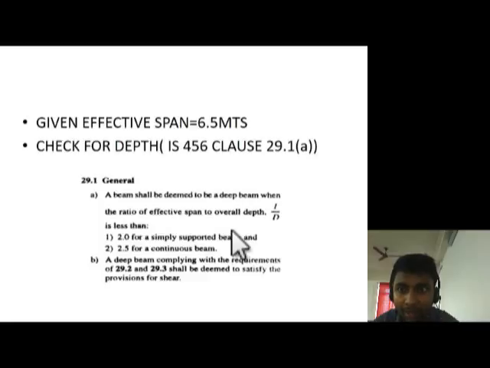If it is less than 2.0 for simply supported, or less than 2.5 for continuous beams, it is a deep beam. The beam complying with the requirements of 29.2 and 29.3 shall be deemed to satisfy the provision of shear.